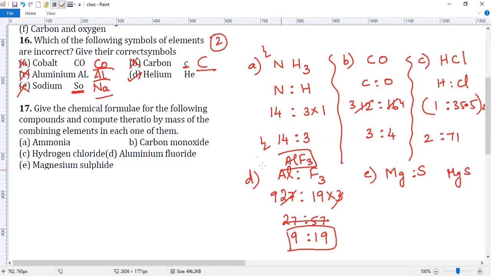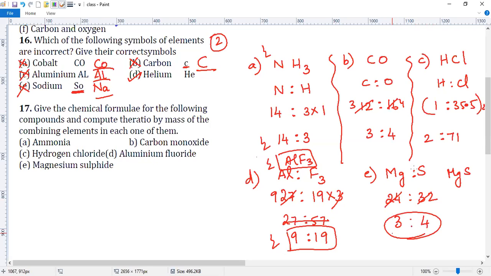This should be written because for the formula you get half mark and for your ratio half mark. So here it is MgS. What is Mg is to S? Magnesium is 24 and for sulfur it is 32. When you take a common factor, which is common on both sides? 8. So the answer is 3 is to 4. 8 3 times and 8 4 times. 3 is to 4 will be your answer.